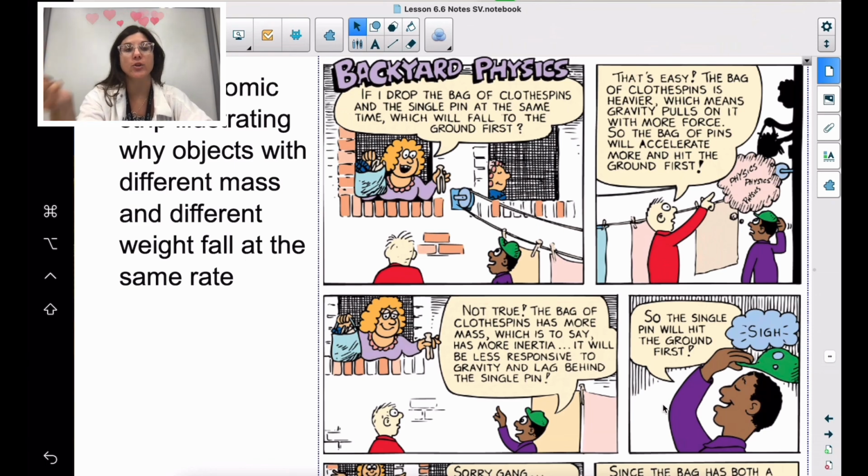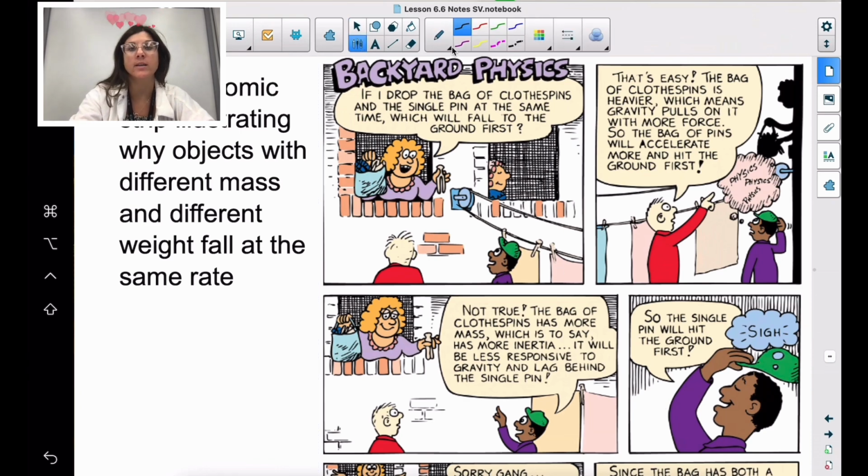So my goal for you guys is for you to make your own comic strip, one that gives you an opportunity to do this in a creative way. You're going to make a comic strip that's colorful, creative, and does two things. It explains why objects with different mass fall at the same rate.